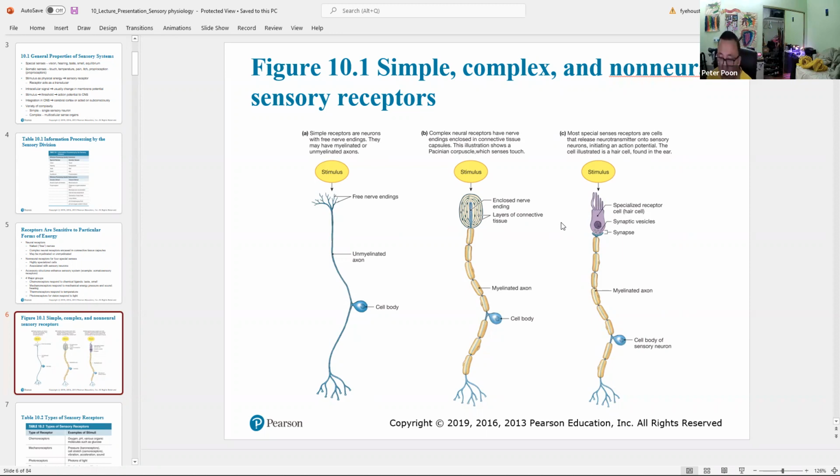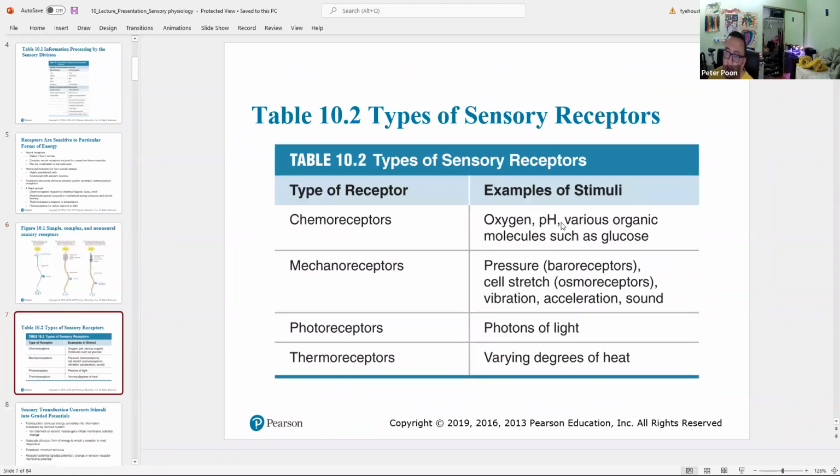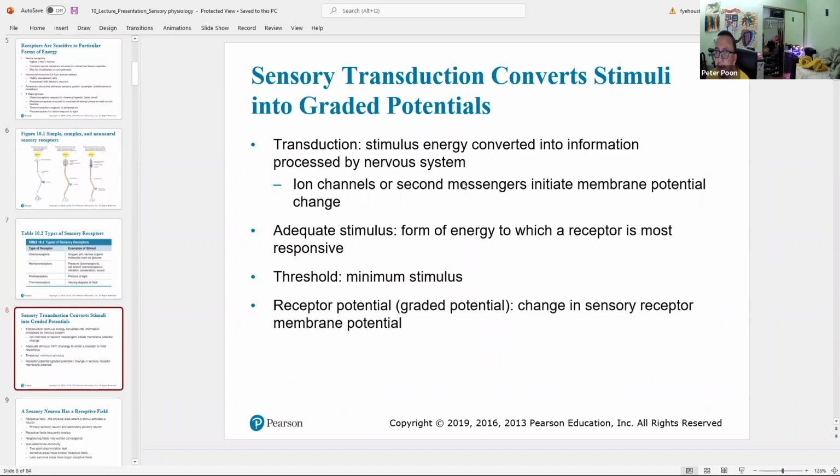Next slide. The receptor, this stuff you should know from anatomy, so make sure you understand this. Here are a couple of different definitions that you need to know: what a threshold is, what an adequate stimulus is, and what transduction is.